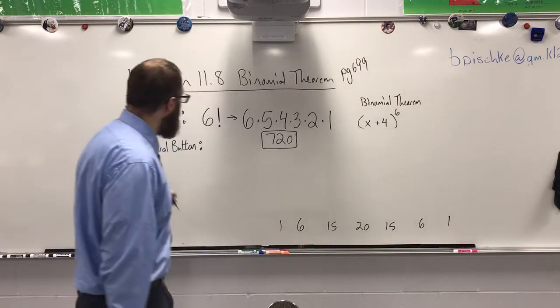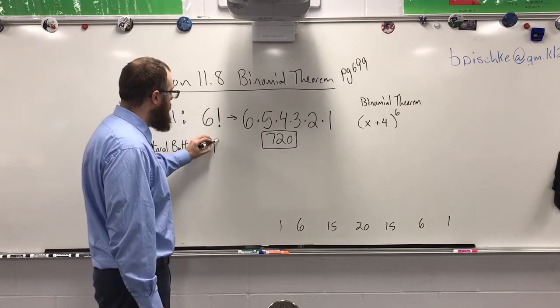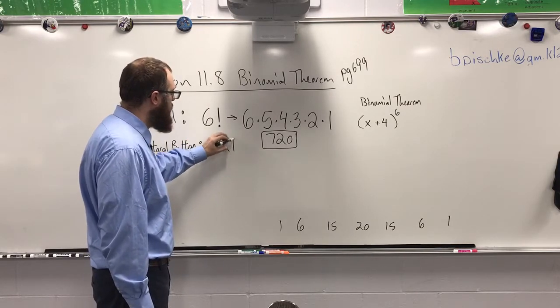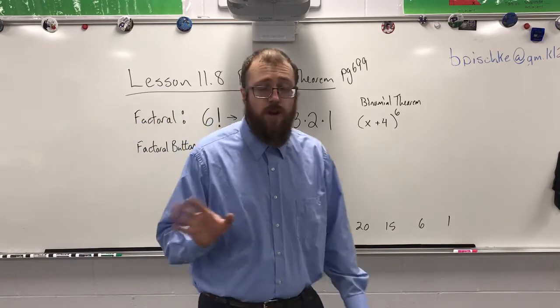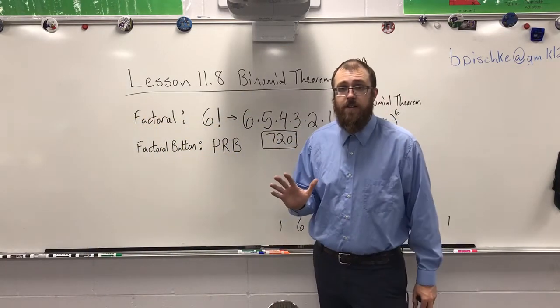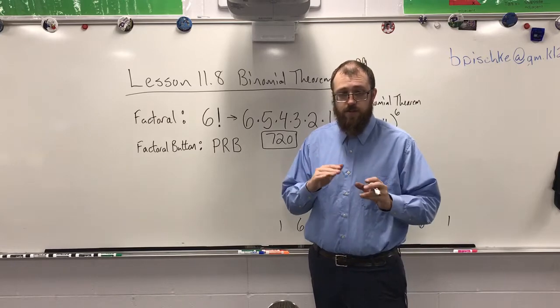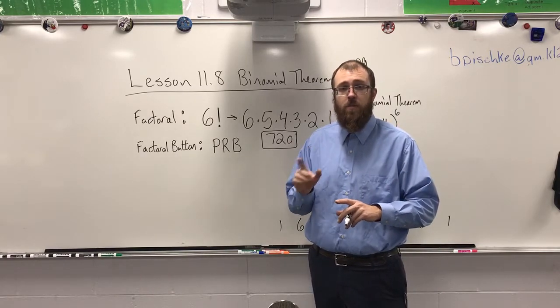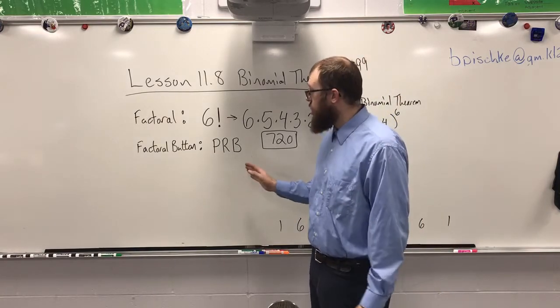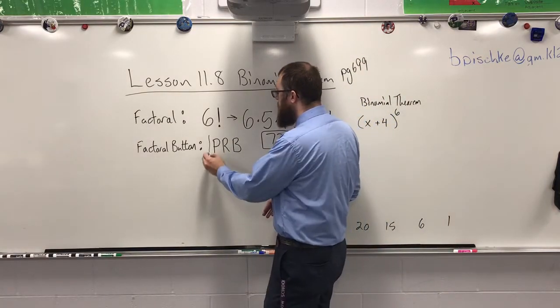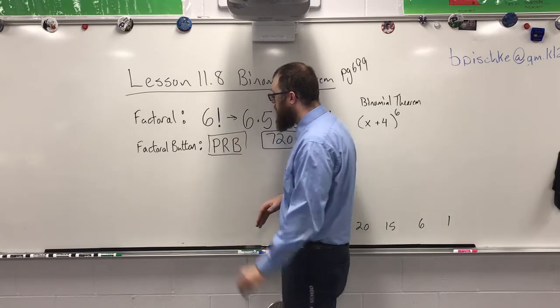Most of you will find your factorial button under the option PRB on your calculator. Some of you will have an exclamation point right out on your calculator, either as a regular function, a shift function, or like a double push function, and that's great, use it. But those of us who are looking for it, you may be looking for it under the PRB button.